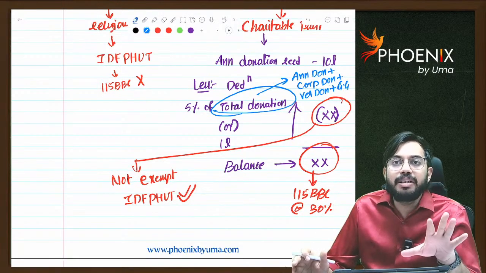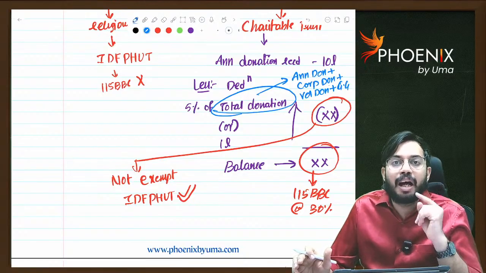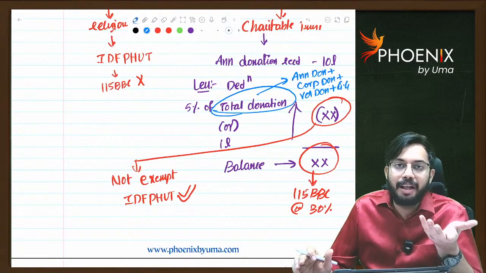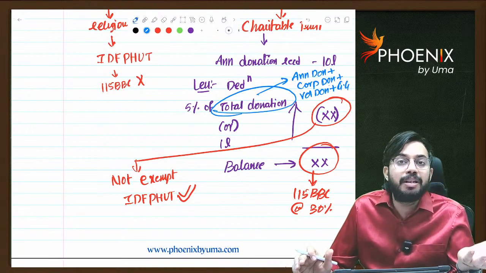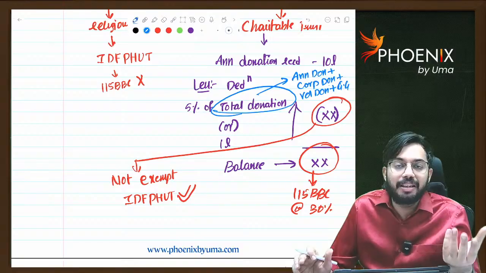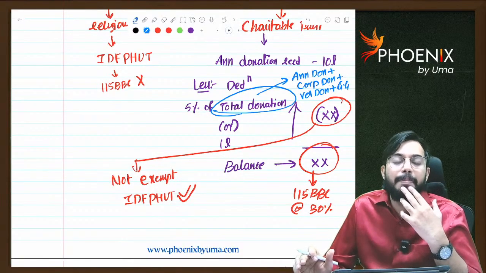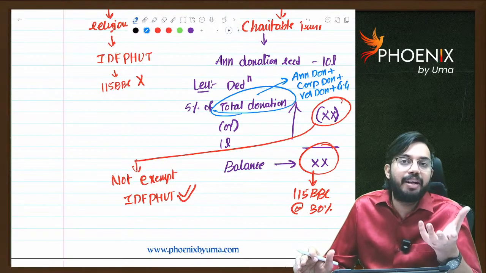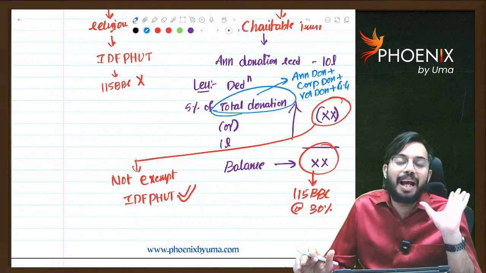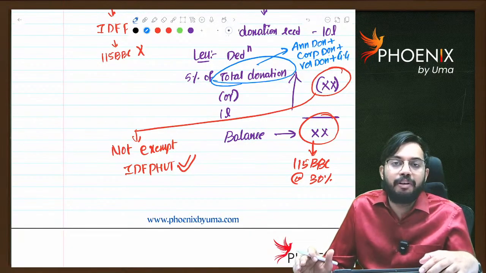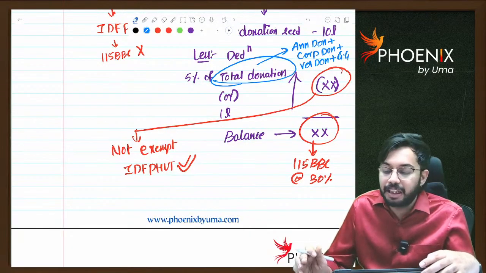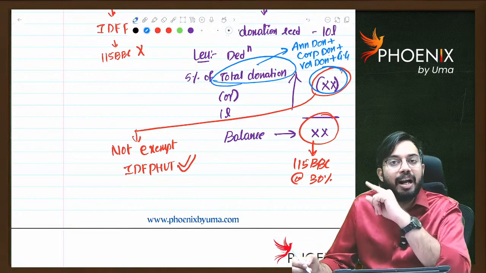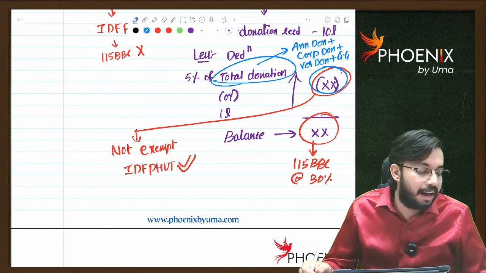To counter this, if any unknown person gives money to a charitable trust, it will be treated as anonymous donation. But at least some unknown persons will give out of genuine reasons, so deduction will be allowed, 5% of total donation or 1 lakh rupees, whichever is higher. Balance is taxable as anonymous donation under section 115 BBC at the rate of 30%. Whatever deduction is allowed, that is not exempt, it will be treated as income derived from property held under trust.